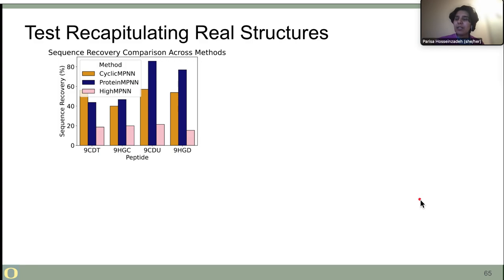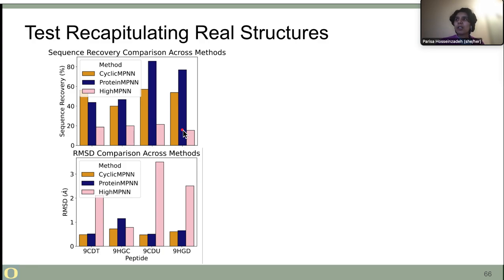For the recovery, cyclic MPNN recovers between 40 to 60%, which is more normal. Peptide MPNN for some of them has very high recovery, and I think it's because those are written in with protein MPNN, honestly, and then HighMPNN is very low.